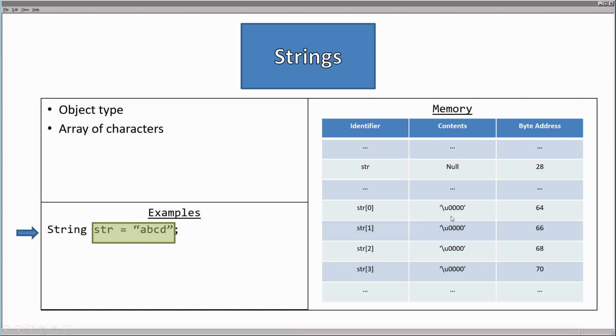String's default value is this string version of null, but once we assign each of these individually, it becomes ABCD. However, if you notice, the identifier still says null, because the last step after we have created that instance of a string is now we assign str the value of the byte address. And the way you could think about this is str simply points to the contents of the string somewhere in memory.